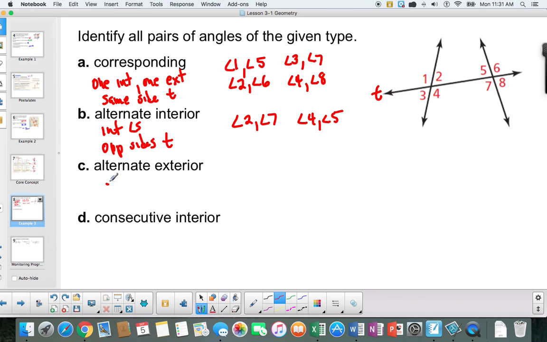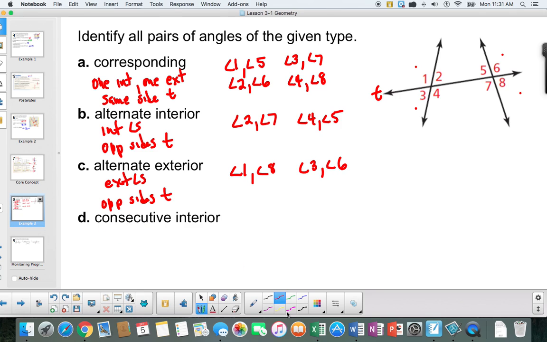Alternate exterior, they would be exterior angles, so they would be outside of the two lines, and they would be on opposite sides of the transversal, and they are non-adjacent. So angle 1 and angle 8, and angle 3 and angle 6.